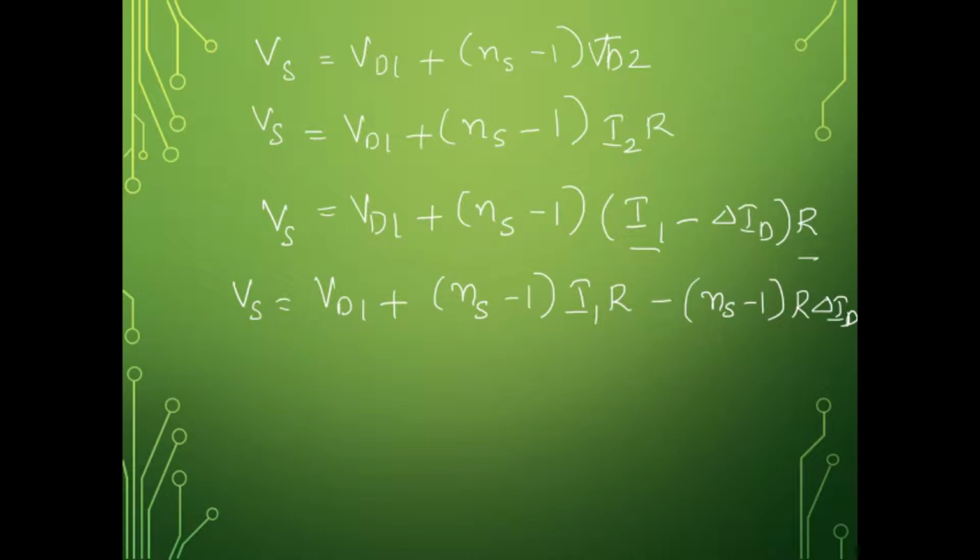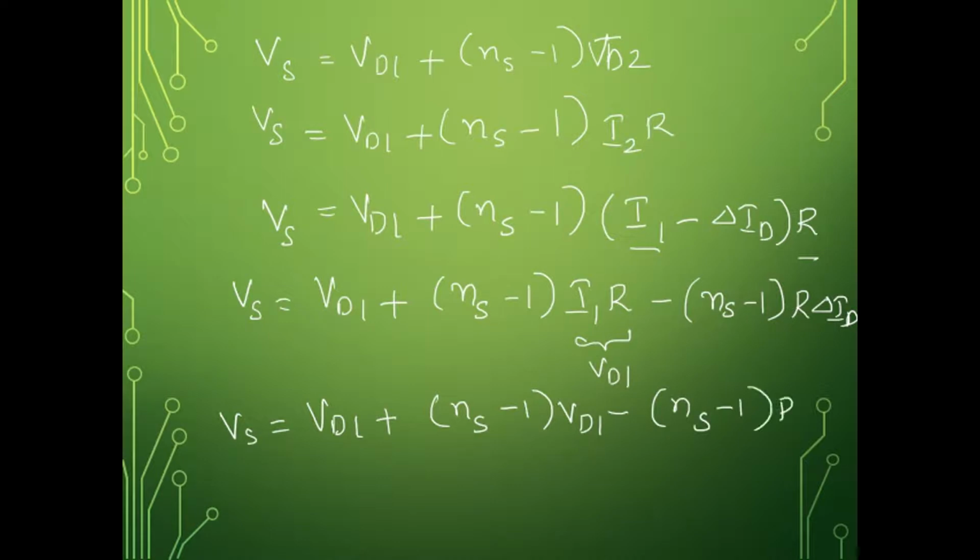Now I can simplify this further. How? This I1 into R is nothing but Vd1, right? So I'll write this as Vs is equal to Vd1 plus Ns minus 1 into Vd1 minus Ns minus 1 into R into delta ID.